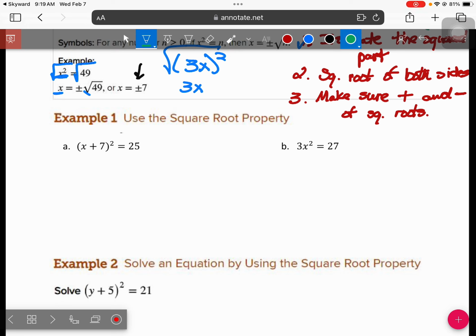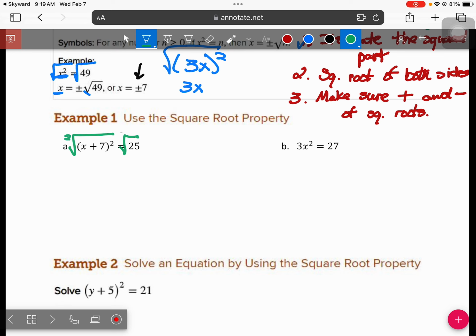1a. So I would ask you, x plus 7, that quantity squared, equals 25. Is the squared part isolated? Is it by itself? Yes, it is. Okay? So I am now going to take the square root of quantity x plus 7 quantity squared.